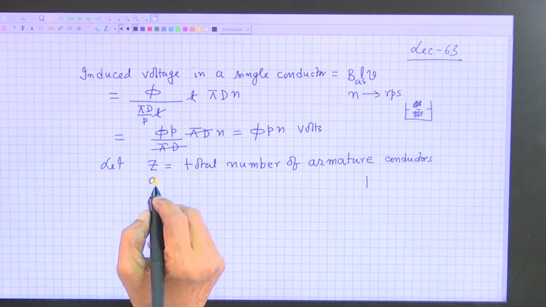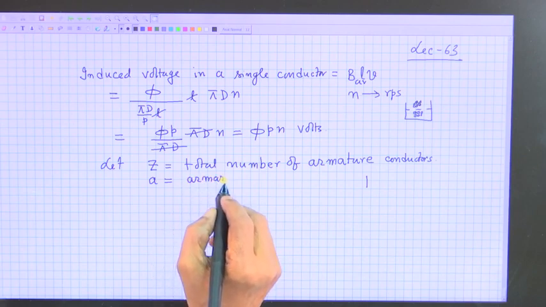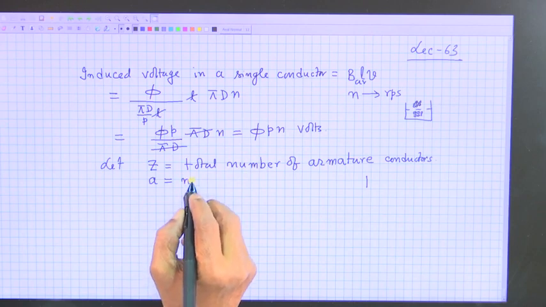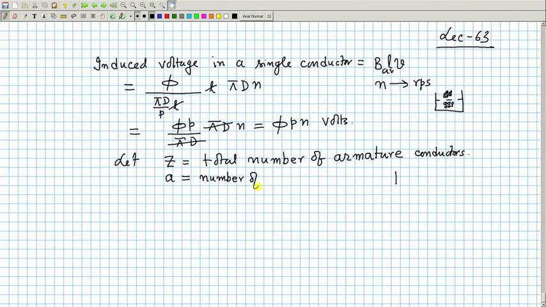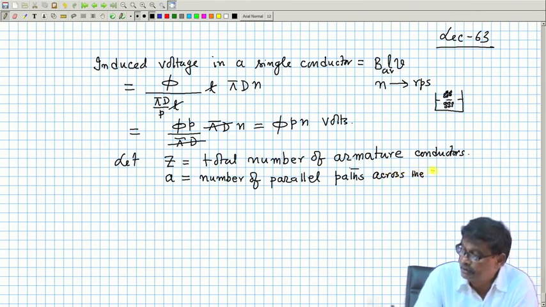Let A be the armature parallel paths, the number of parallel paths in the armature circuit, that is between the brushes, across the armature terminals.